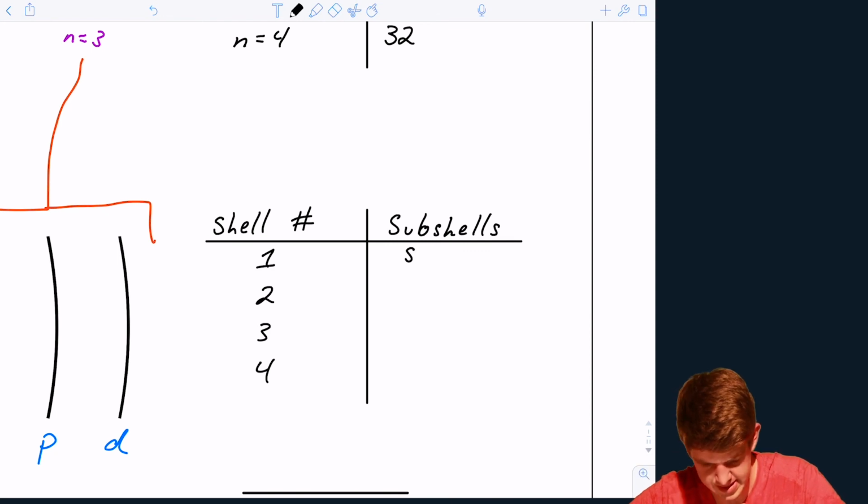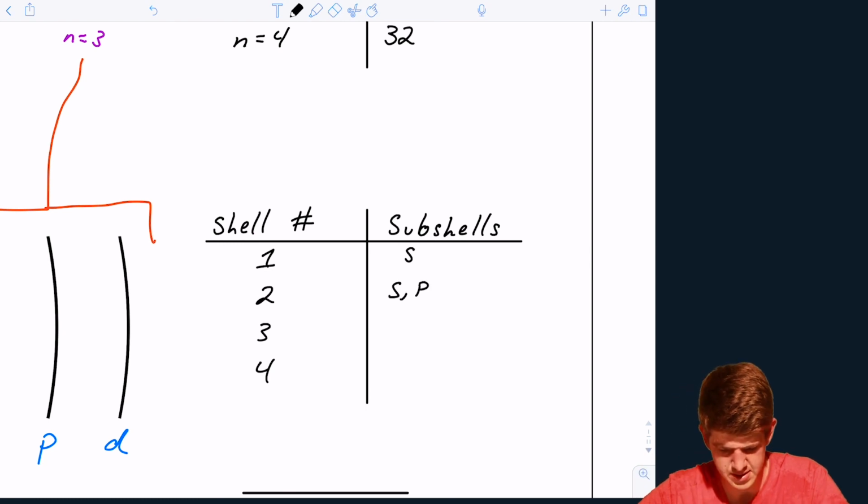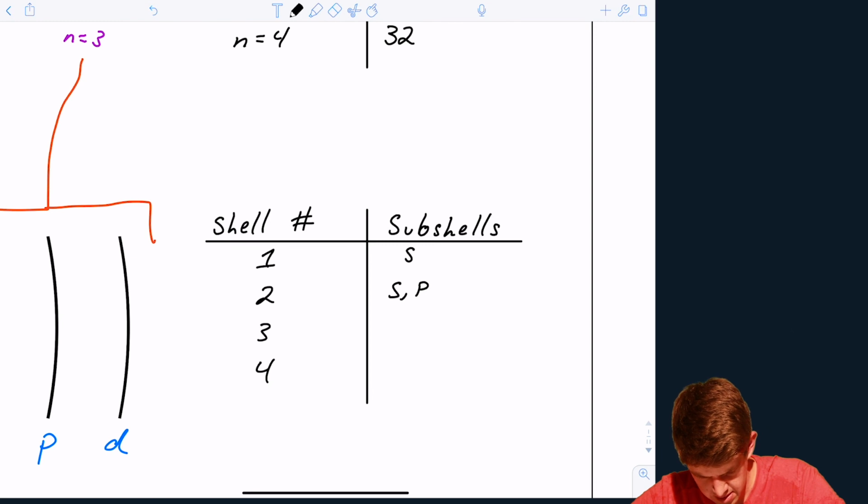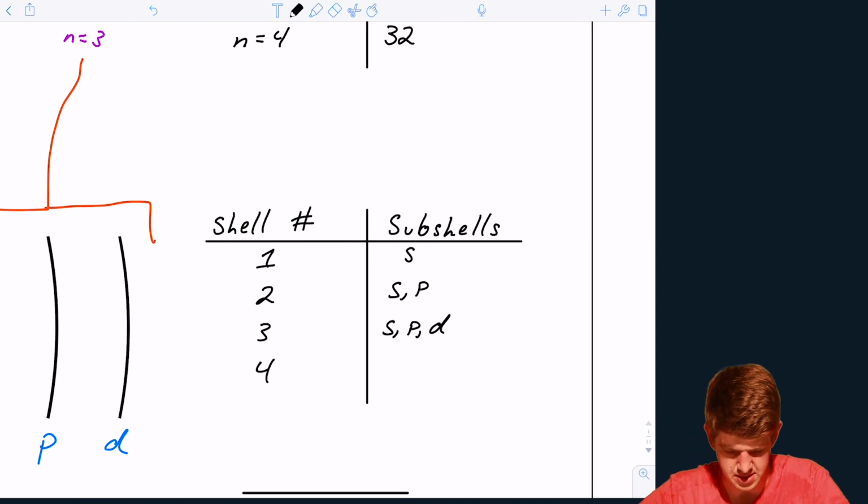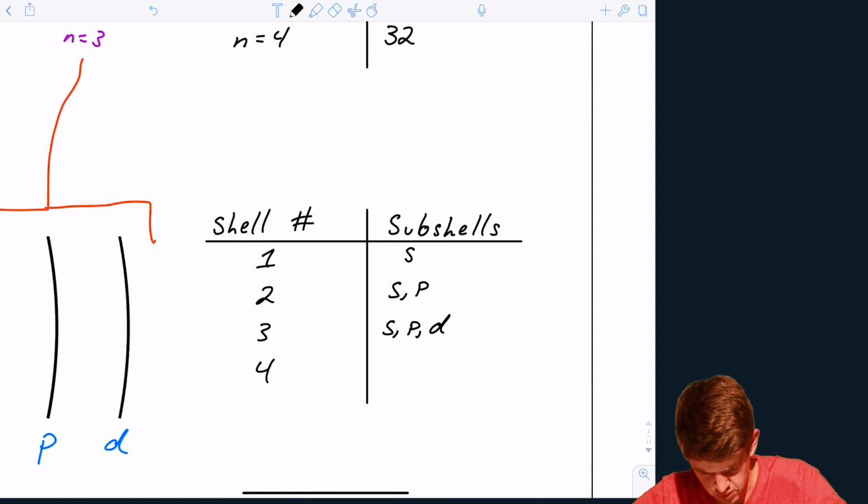There is the S subshell in the first shell. There are both the S and the P subshells in the second shell. There are the S, P, and D subshells in the third shell. And in the fourth shell, I have S, P, D, and F.